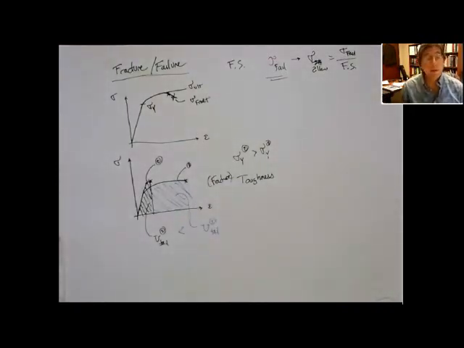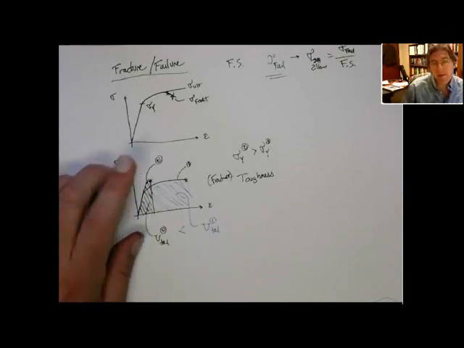So it depends upon what your design is. If you want to design something that wants to have a very high yield, and never has any chance to yield, such as a cable that acts in nice static loading, material system 2 might be the way.